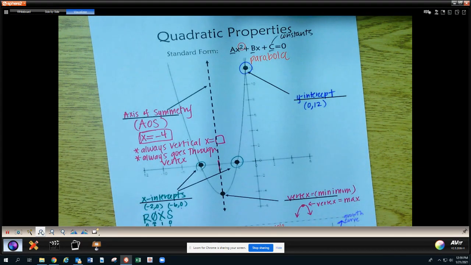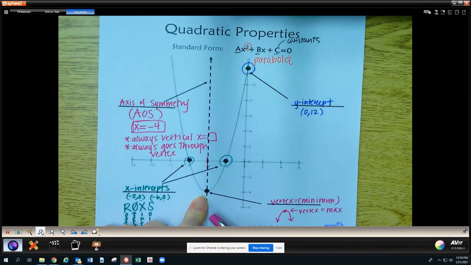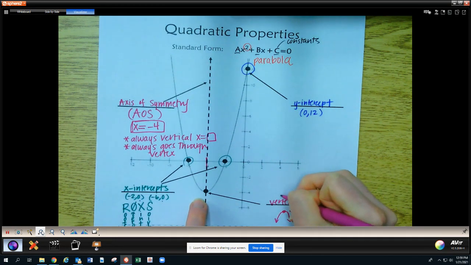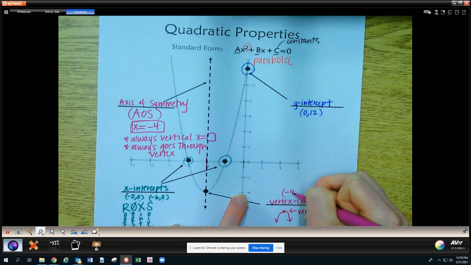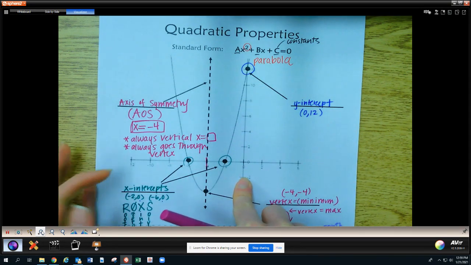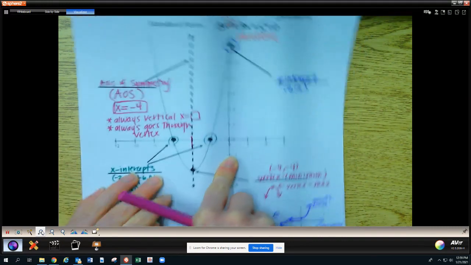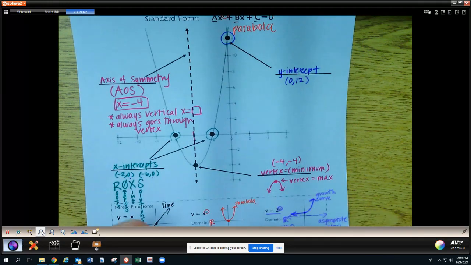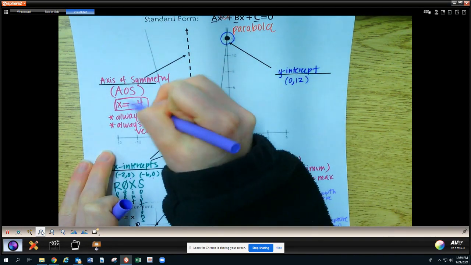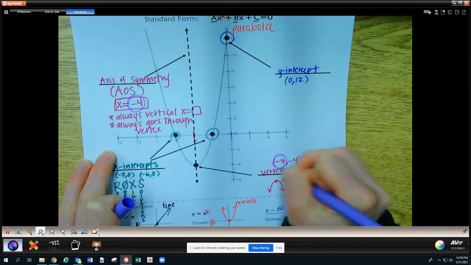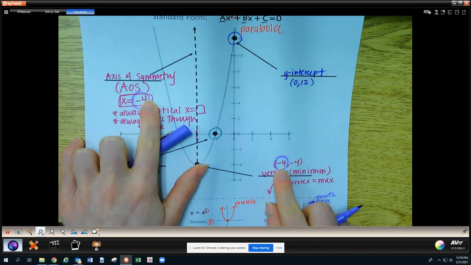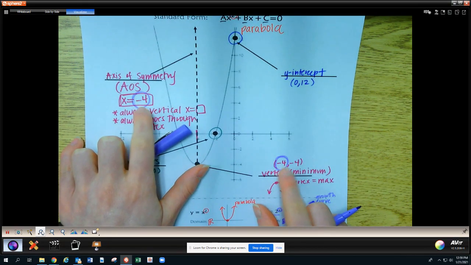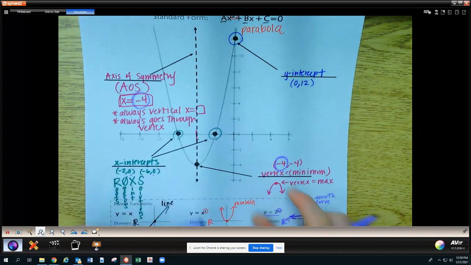And so for this, the ordered pair for the vertex, it's a point, -4, comma, and then the y value is also -4. And hopefully these are showing up better on your copies. My copy is kind of bad. So -4, -4. And so it is always going to have the same x-coordinate as the vertex. And so if you know the vertex, you know the axis of symmetry, and we're going to talk about that a lot throughout this unit as well.